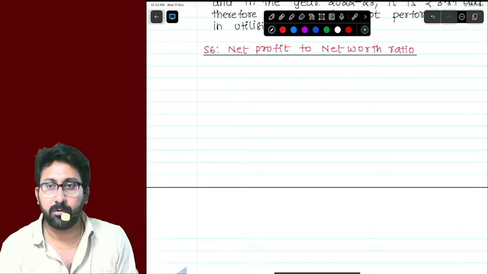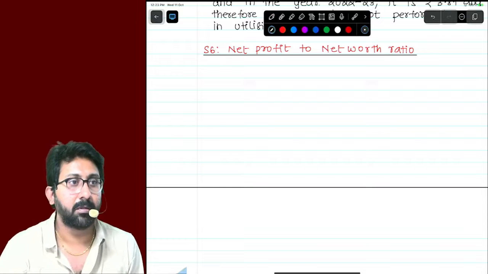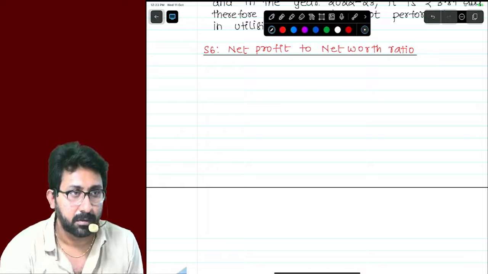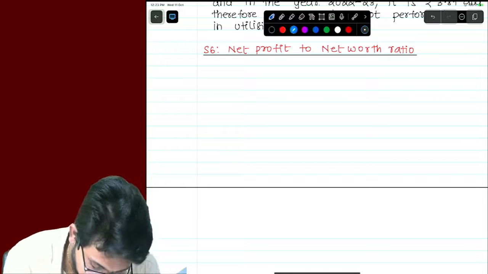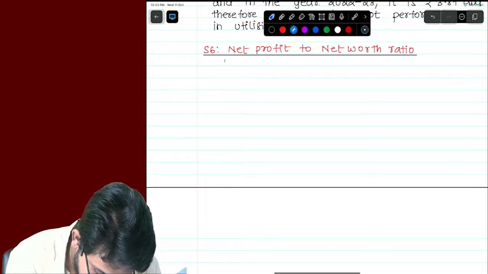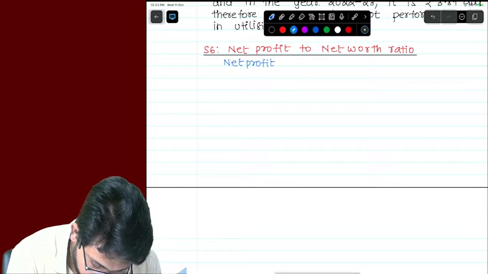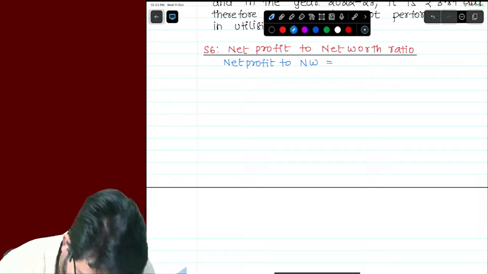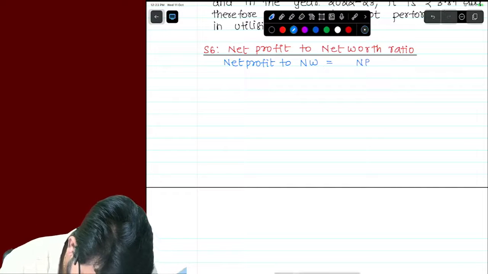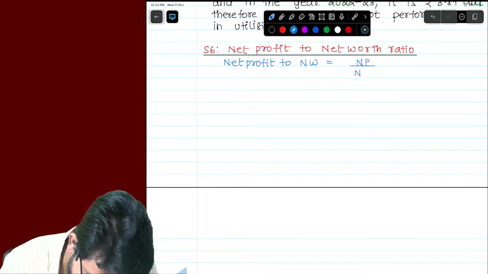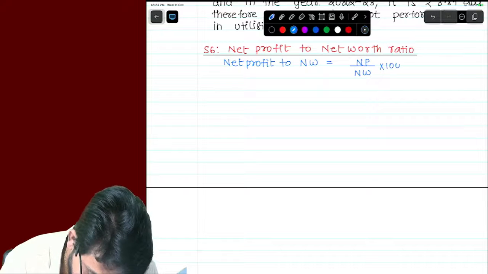First write down the formula. Net profit to net worth means net profit divided by net worth into 100.